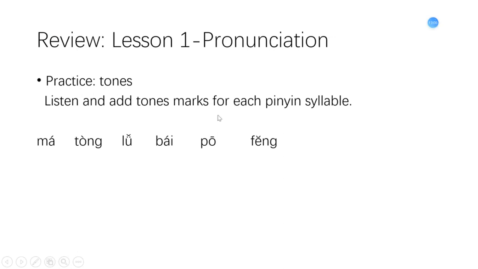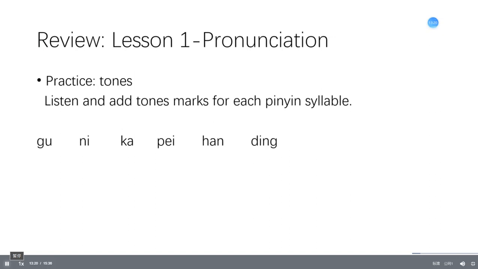So po, the beginning point and the ending point are on the same level, right? And it's very high. Po. Okay, the last one, feng, the third tone. So you can feel by yourself, feng is rather low. Okay, so this is the first part of the tones practice.